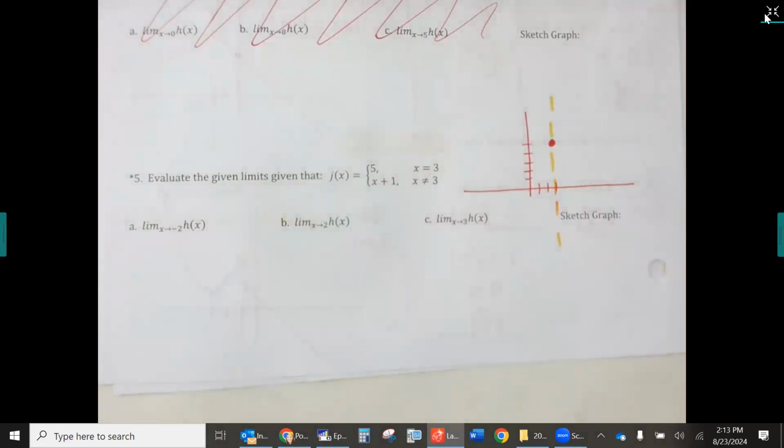But then everywhere that x is not 3, I'm going to use x plus 1, which is a straight line. Now question. On the left side, are those numbers equal to 3 or not 3? They're not 3. What about on this side? They're not 3, right? They're bigger than 3. So on the left side, I'm not equal to 3, and on the right side, I'm not equal to 3.